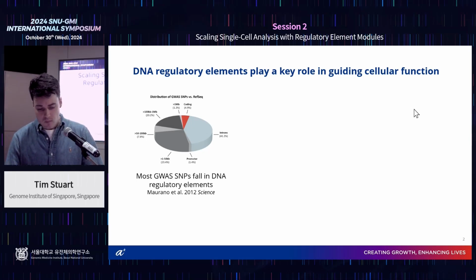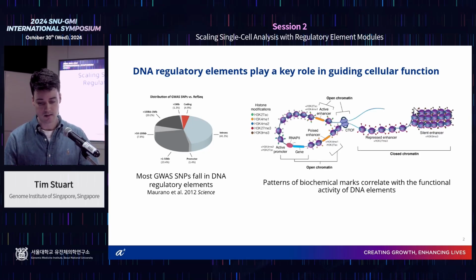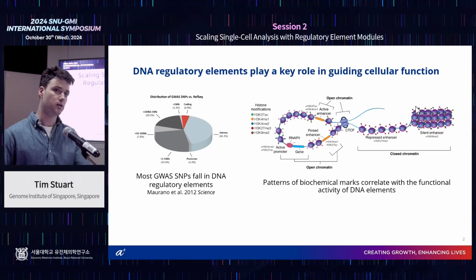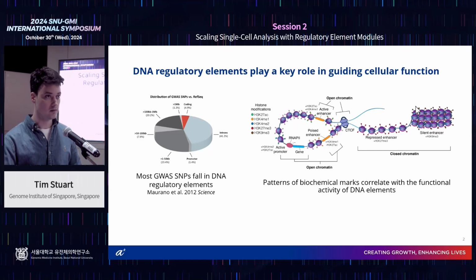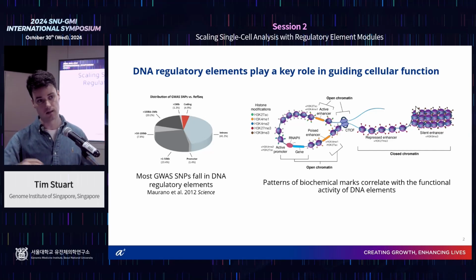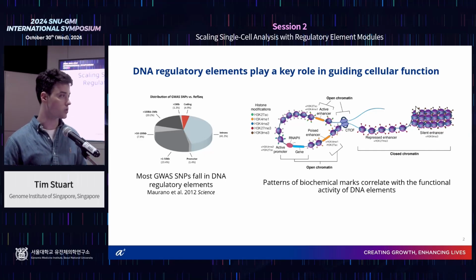What we also know is that the function of these regulatory elements correlates with very complex patterns of biochemical marks that decorate the DNA. The DNA is not just a naked piece of DNA in the cell. It's very highly packaged into a three-dimensional structure and wrapped around nucleosomes that have different post-translational modifications.